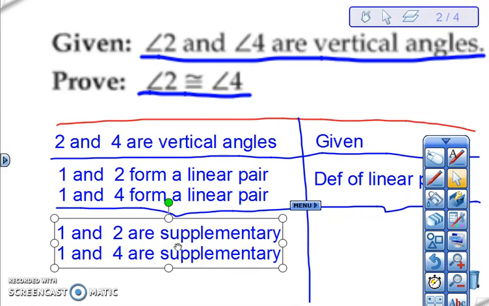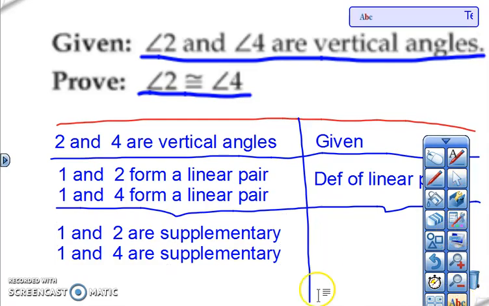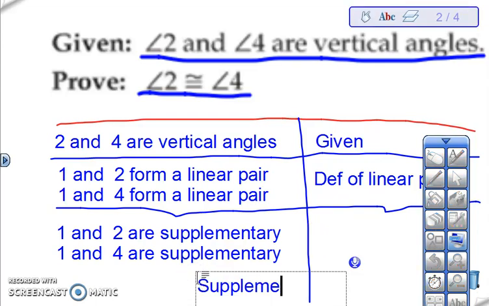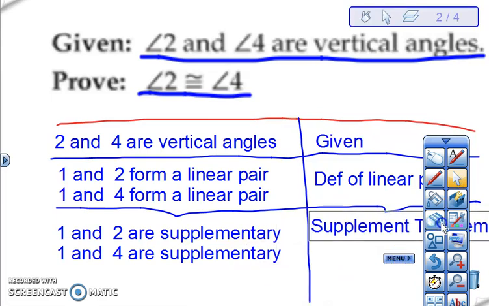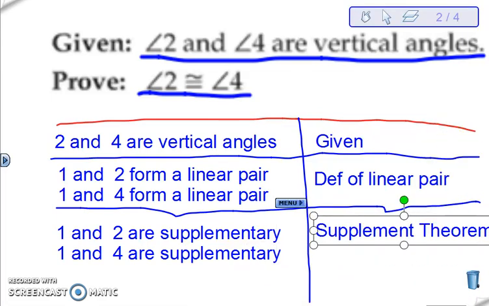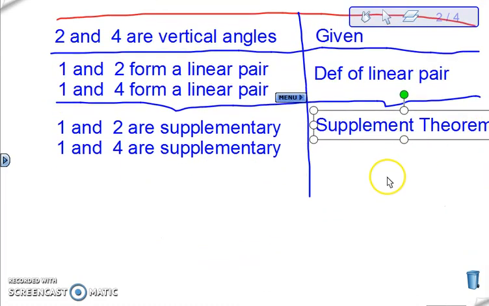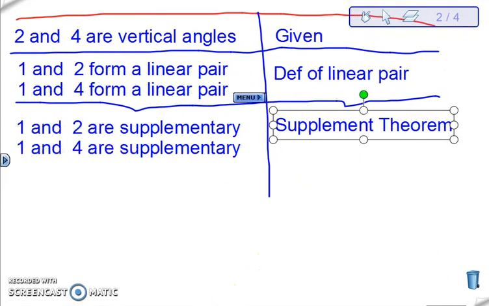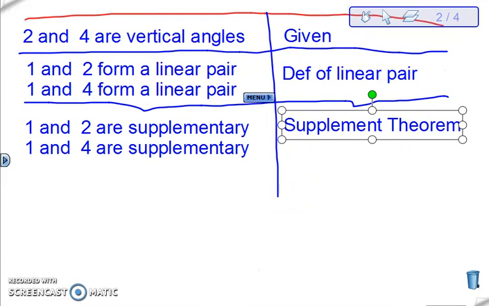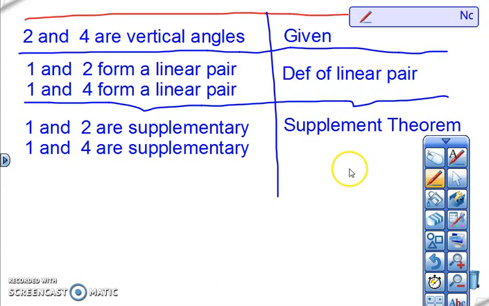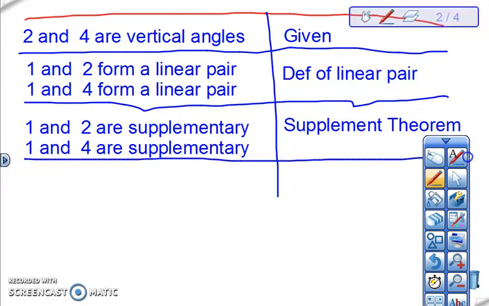What rule did we use? We simply called that the supplement theorem. Okay. All right, so again, we'll underline our little rule.